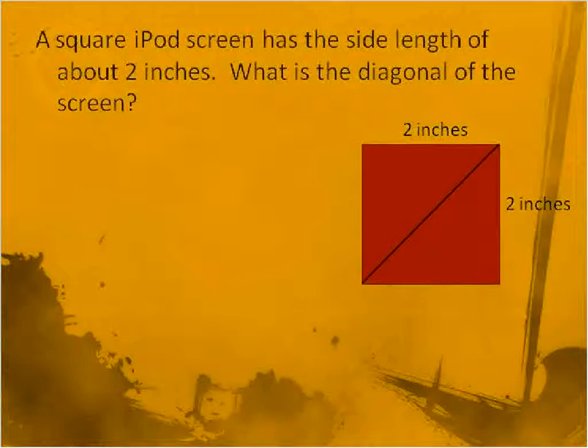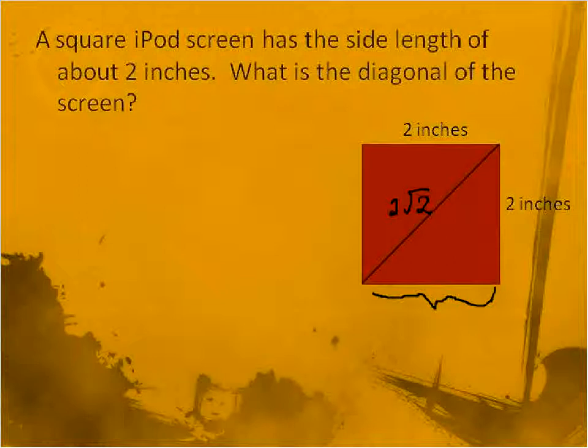Let me explain that once really quick. Whatever this length is, we multiply that times the square root of 2. So in this case, 2 is the length of this side, times the square root of 2 will give me the length of that diagonal. So that's all I need to do.